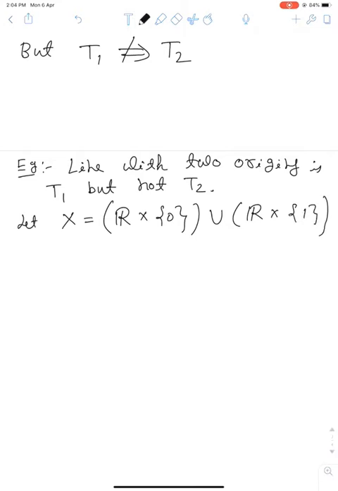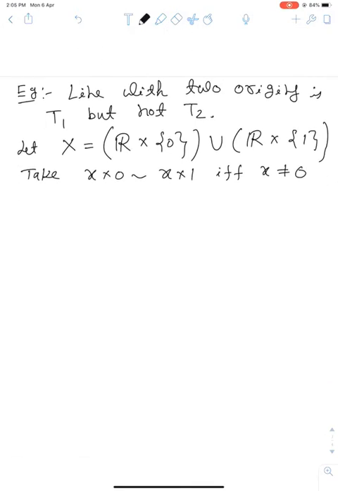Now take the identification that x cross 0 will be identified with x cross 1 if and only if x is not equal to 0. Then the topological space X quotient with this will be this.